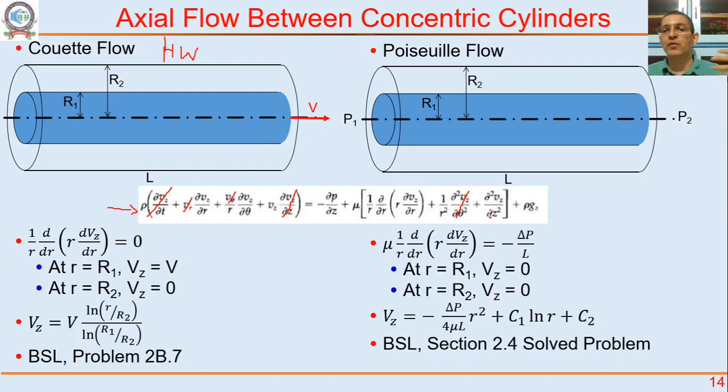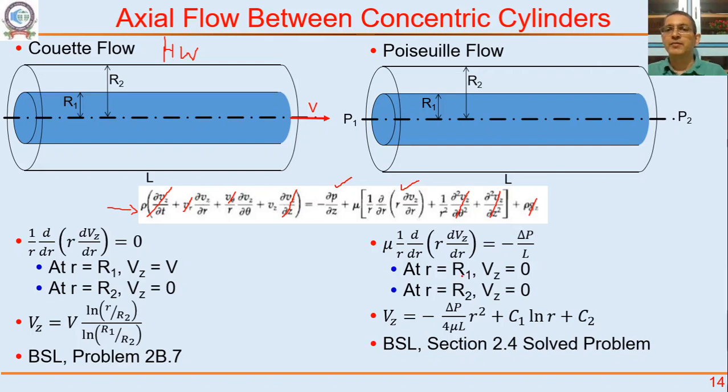No compression, no elongation, because del Vz by del z is 0 from continuity. No component of gravity in the z direction. Cylinders are horizontal. The pressure gradient we have applied remains. dVz by dr remains. So we will have mu times 1 by r d by dr of r dVz by dr equal to dp by dz, which is the same as minus delta p by L. That's the pressure gradient that we have applied.